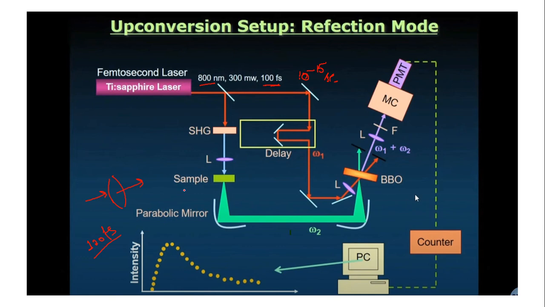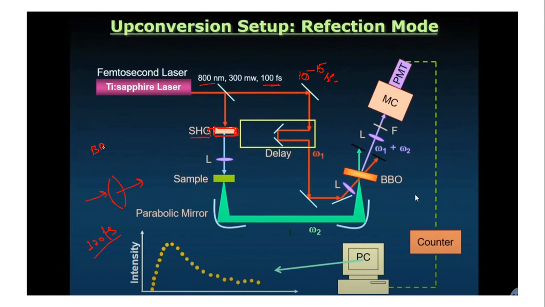So to get that, this reflection mode is a better way. In this case, the light in the same way passes through the SHG material. This is the second harmonic generation material again. And what was the second harmonic generation material? I think you missed it.